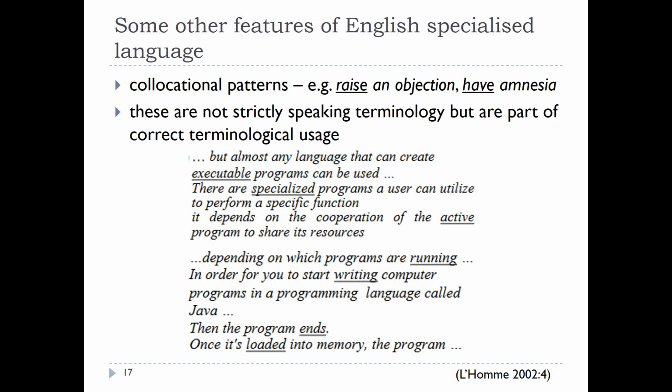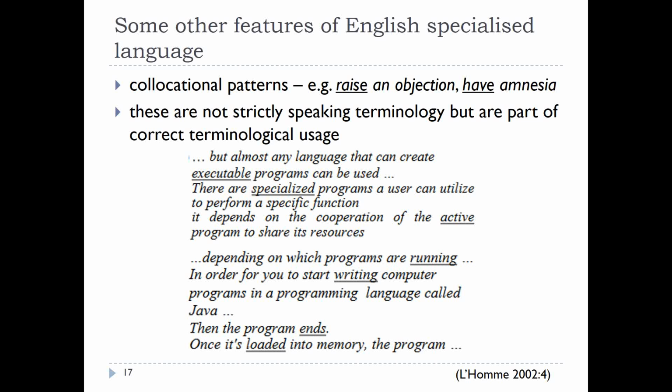If you're talking about an objection, you don't make an objection or create an objection, or I suppose you could, but the general verb that should be used with that noun is to raise an objection. And you wouldn't say to make amnesia or to do amnesia, but to have amnesia, or I suppose to suffer from amnesia.